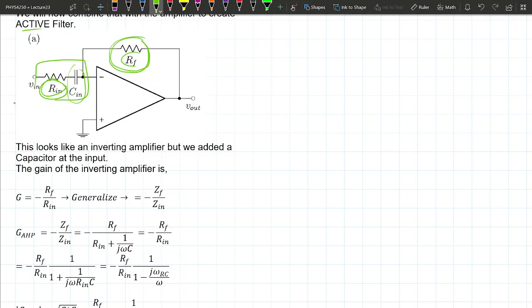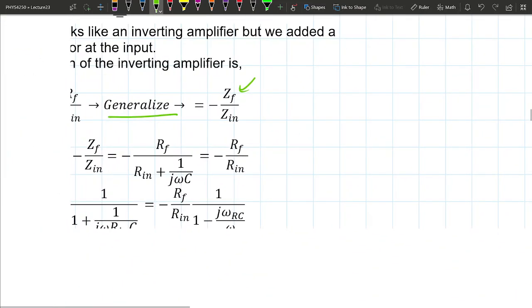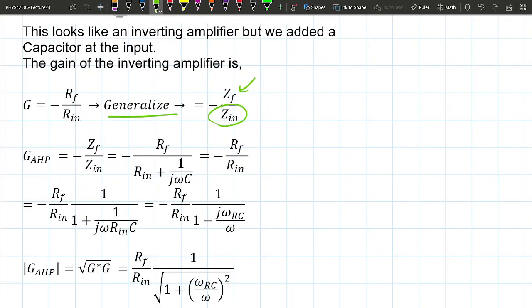Impedance, right? So we generalize this idea to be the impedance of the feedback line and the input line, okay? And put a little negative sign in front of it so that we know it's going to be an inverted input. The feedback loop only has a resistor on it, so of course the impedance of a resistor is just the resistance.